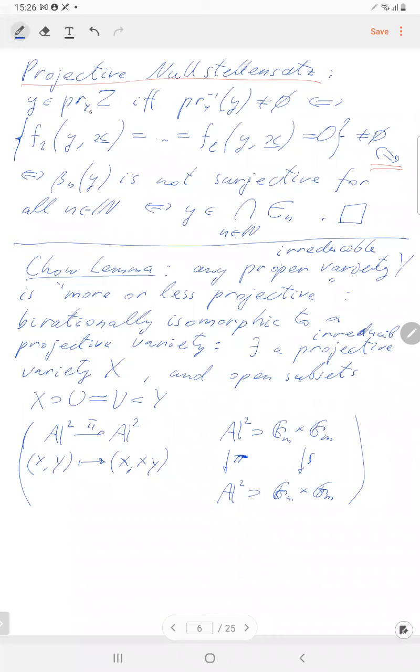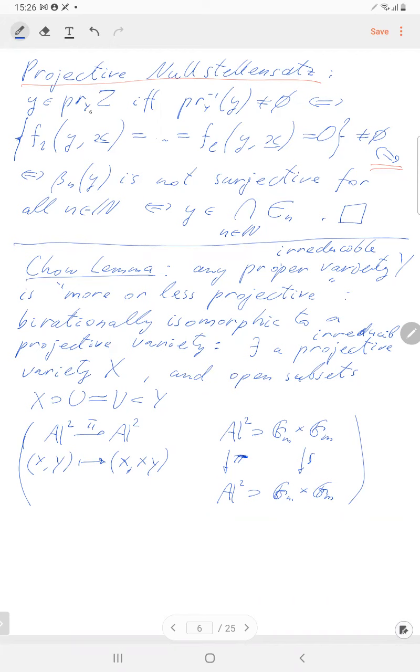But if they are not irreducible, then there is no such thing as field of rational functions because there are zero divisors, and so you cannot take the field of fractions. Okay, so we only consider irreducible varieties for these things.